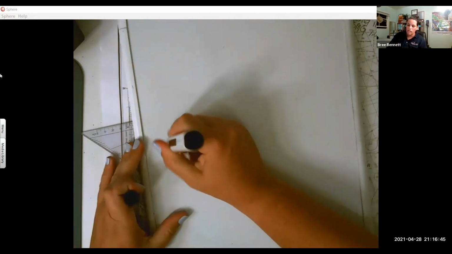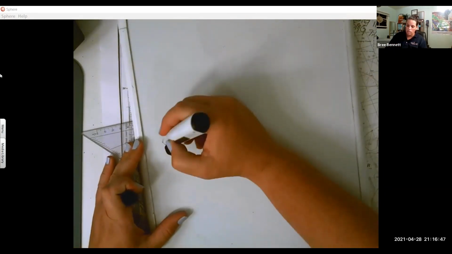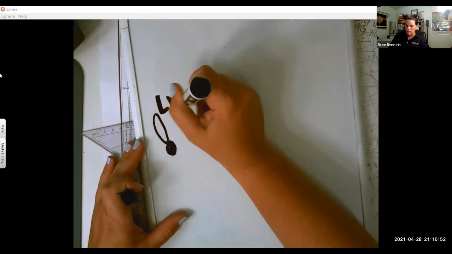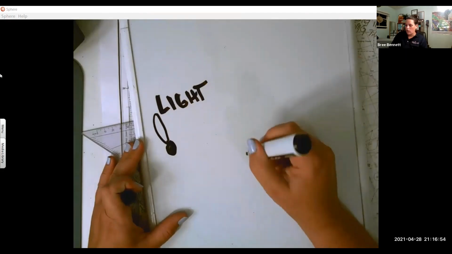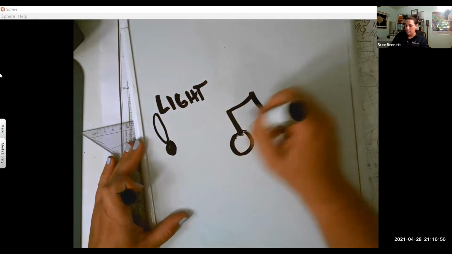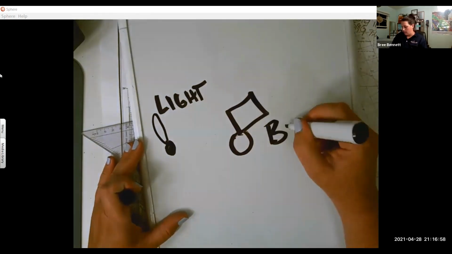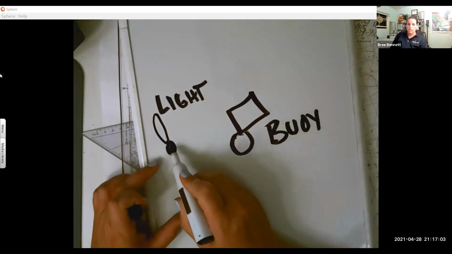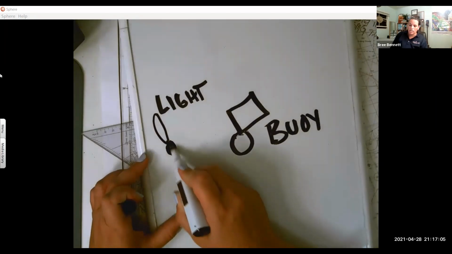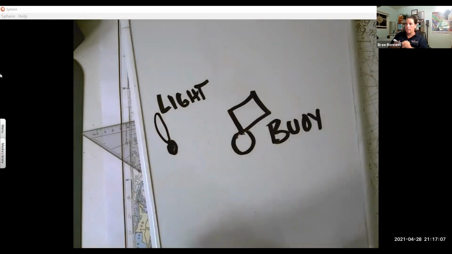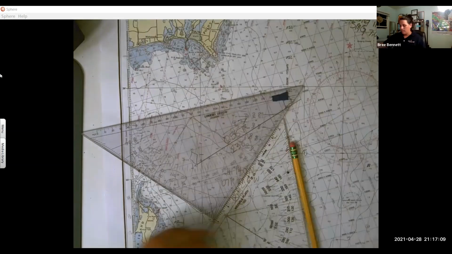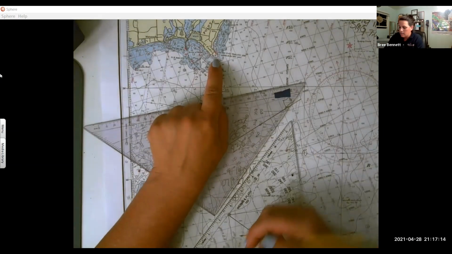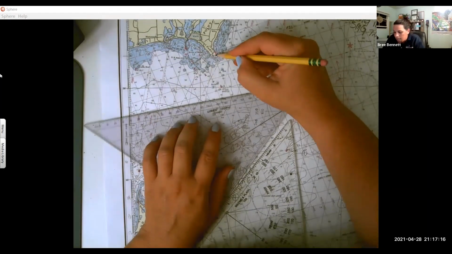We're looking for a solid dot with the magenta teardrop, for a light, or an open dot with a diamond for the buoy. So we're looking for a light, we're looking for the solid dot. Where that solid dot is where I want to measure. So here we have our Point Judith light with our little black dot.